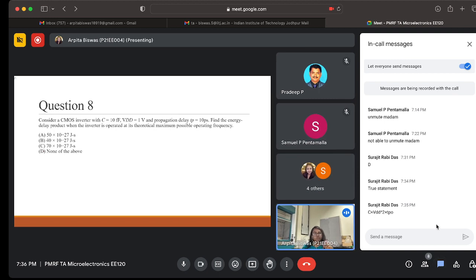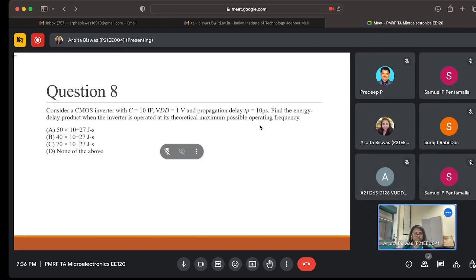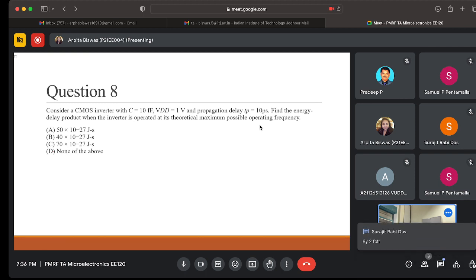I think there is a small mistake in this equation. You have written CVDD square into tp0. So please correct it. There is a small mistake. Yes, so calculate it.